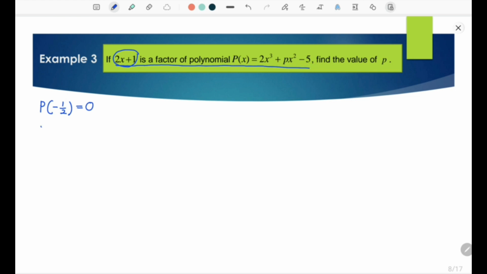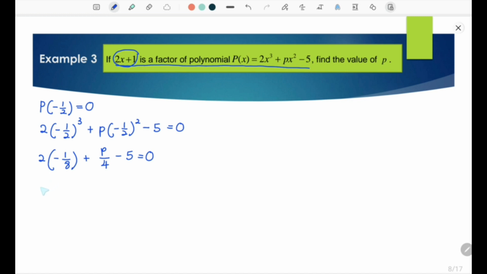So we have 2 times (-1/2) cubed plus p times (-1/2) squared minus 5 equals 0. Next, we have 2 times (-1/8) plus p over 4 minus 5 equals 0. Next, we have negative 1/4 plus p over 4 minus 5 equals 0.